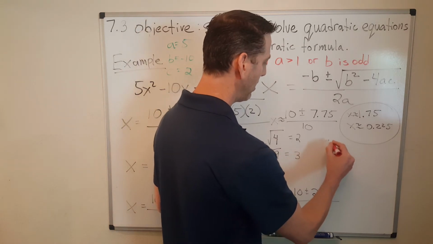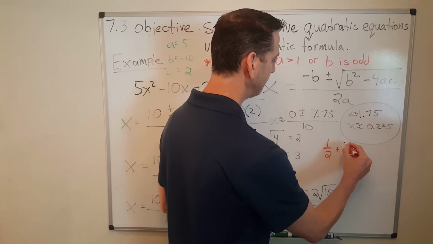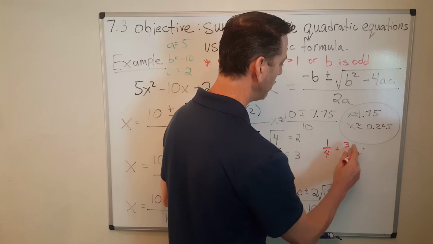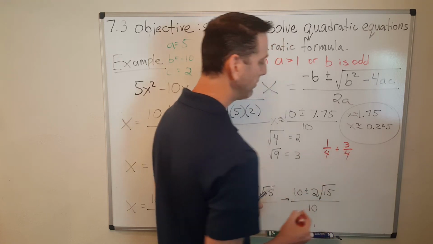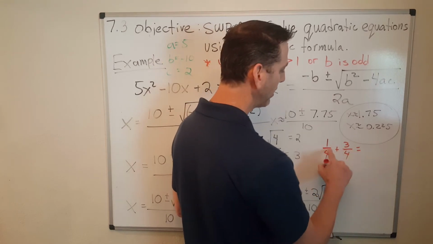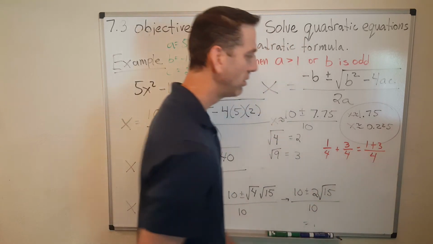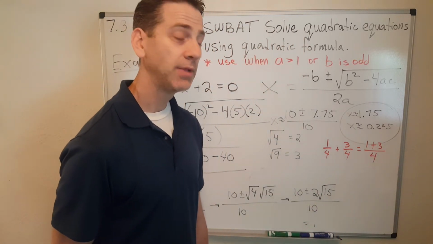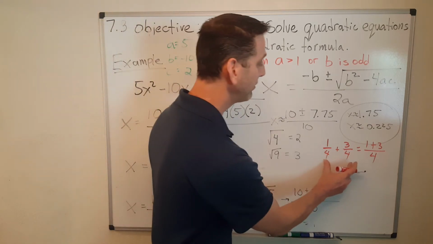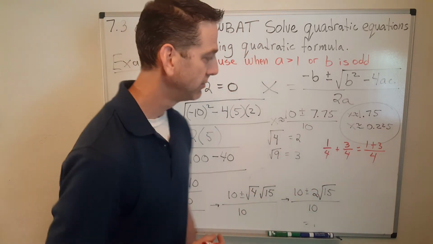If I had 1 over 4 plus 3 over 4, could I add these up and just say 1 plus 3 all over 4? I could. Essentially it's going to be 4 over 4. So when I have the same denominator, I can go ahead and add my numerators.